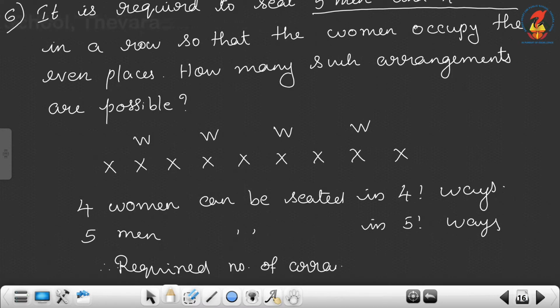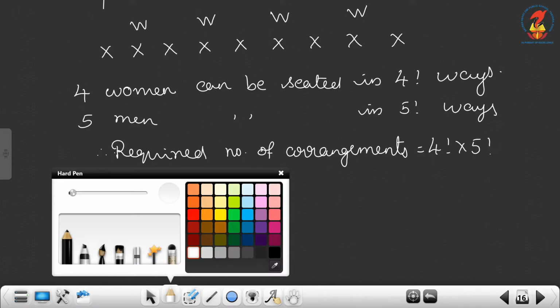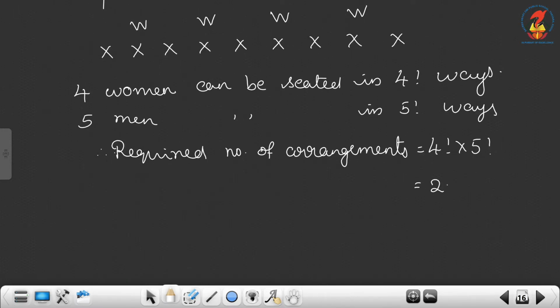Required number of arrangements is equal to 4 factorial into 5 factorial. 4 factorial is 24, 5 factorial is 120. So 24 into 120 is 2880.